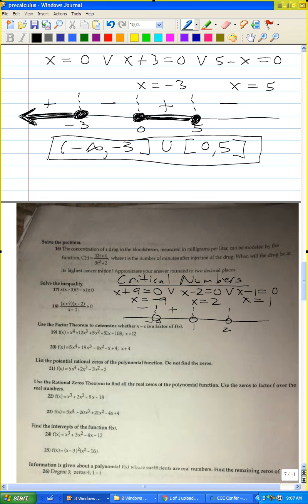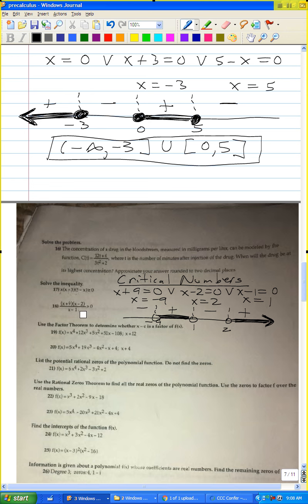So minus, plus, minus, plus. Yeah, the powers of these factors. Okay, so now we want this to be greater than 0. So I fill in the plus. I want it to be greater than or equal to 0. So I fill in all of the critical numbers except for those critical numbers found by setting the denominator to 0.